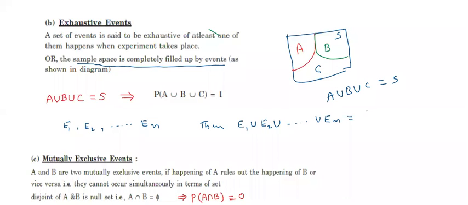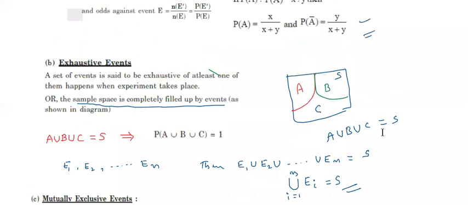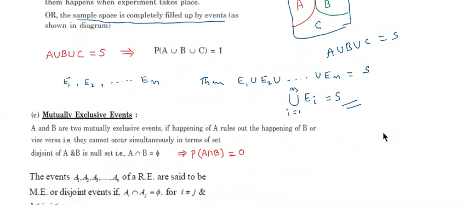In short form, we can write union of Ei, where i is equal to 1 to n, is equal to the sample space. In this case, we will say that E1, E2, E3, and so on, En are mutually exhaustive events. Now I'm going to explain another example.